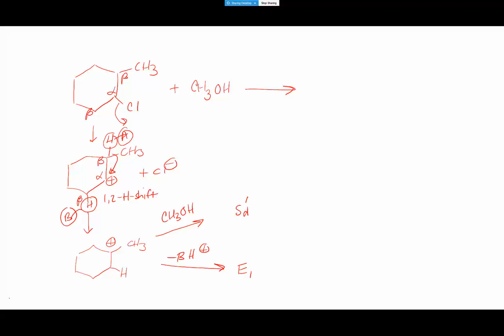And you're showing the mechanism to form the most substituted alkene for the E1, because this is the major E1 product. Does that make sense? You just got to do it.